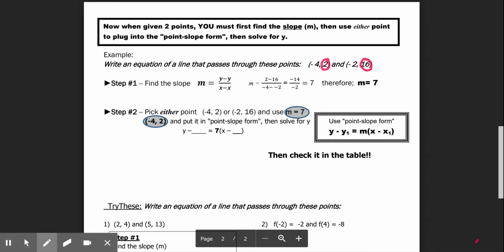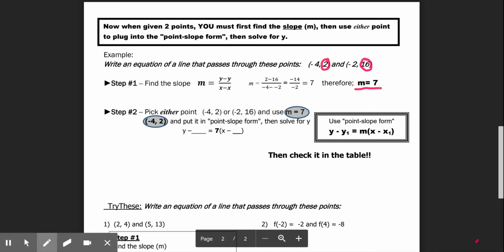So we have 2 minus 16 over negative 4 minus a negative 2. So 2 minus 16 is negative 14 over negative 2, which is positive 7. So there's your m. Now then, step 2 says to pick either point. So you can either pick (-4, 2) or (-2, 16). And you're going to use m equals 7.